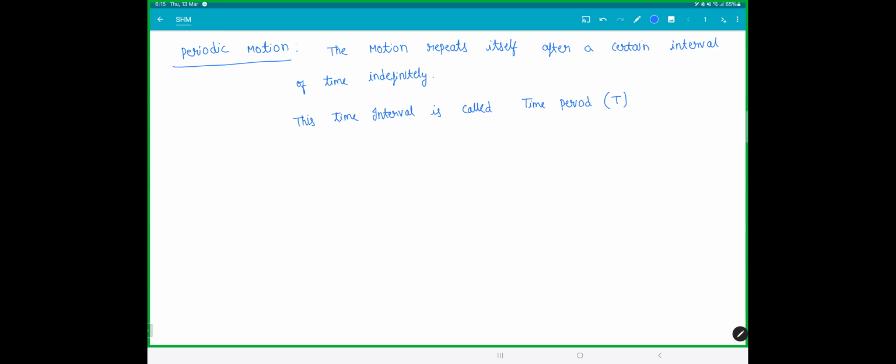The symbol is capital T. Here we define something called frequency. The symbol is f, which is 1 by time period. So what is frequency? Frequency is simply the number of oscillations per second. In a second, how many times does this motion repeat itself?